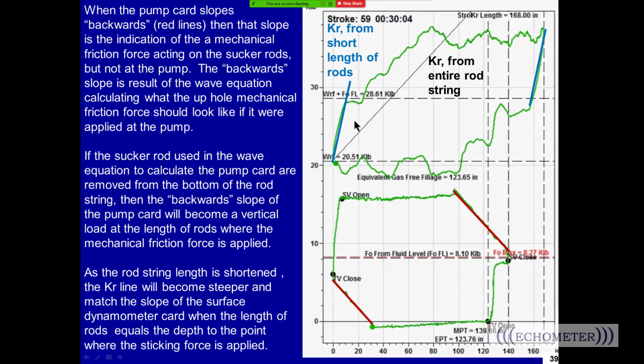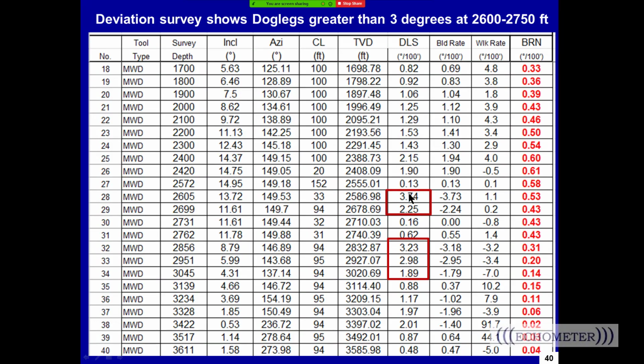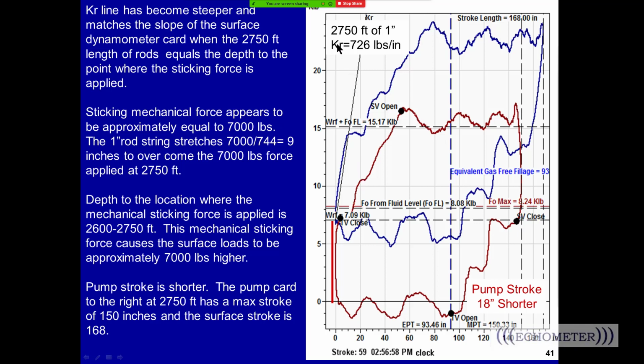So there's the slope, and then there's our deviation survey. It's got a lot of deviation dog legs at 2,700 feet. And so I only leave the rods down to 2,750 feet, 1-inch rods, and the slope of this line is 726 pounds per inch.